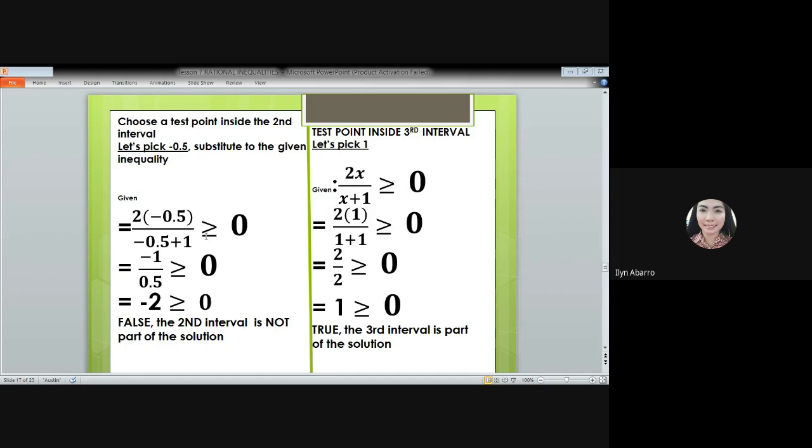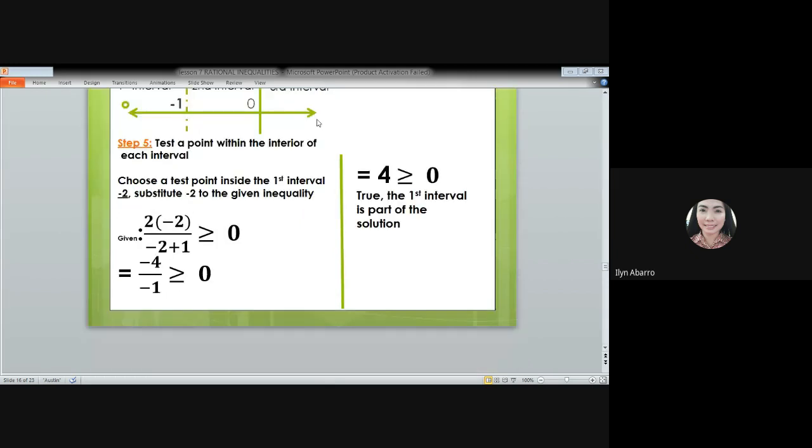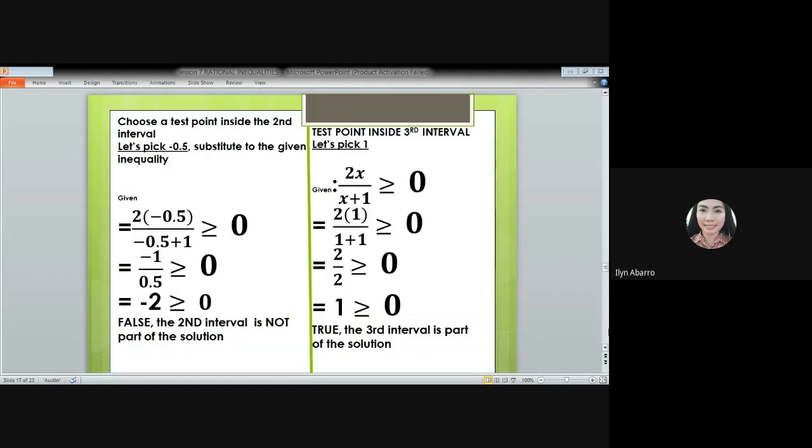Okay, let us now test the third interval. So, the third interval is all those numbers greater than 0. Okay, greater than 0. So, let us choose 1.